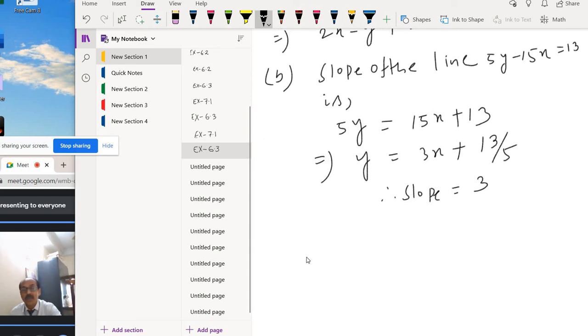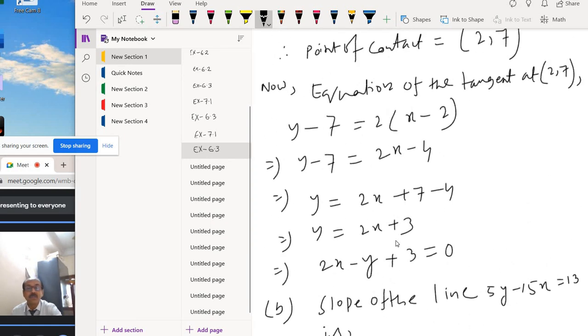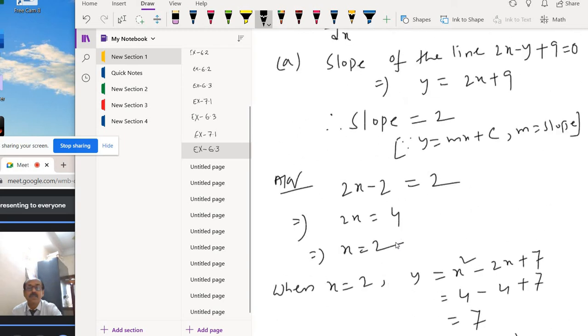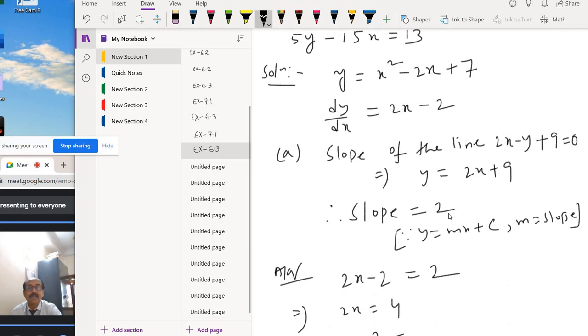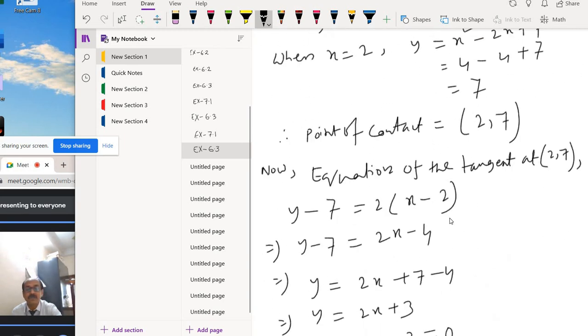Now it is given that the tangent is perpendicular to the line. So the slope of the curve and the slope of this line are perpendicular. So according to the question, m1 into m2 equal to minus 1. The slope of the curve is dy by dx equal to 2x minus 2.